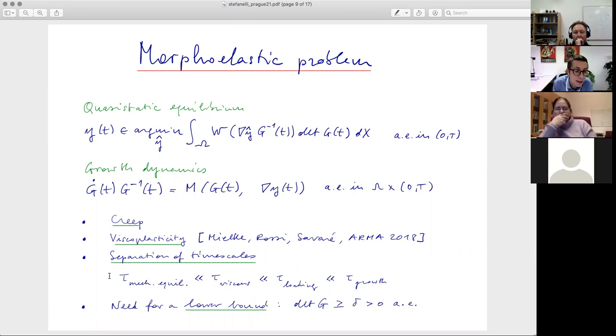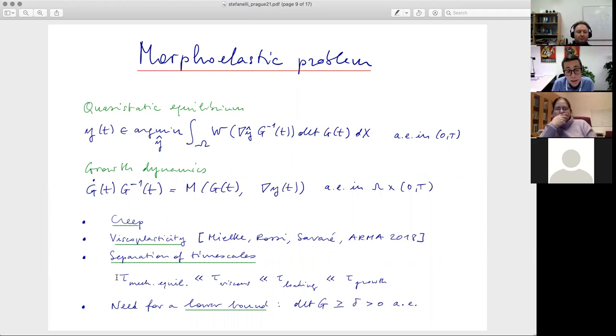The fastest one is that of mechanical equilibration, the timescale at which bodies reach mechanical equilibrium, usually within a spectrum of hundreds of seconds. So you can think of banging your carrot on the desk and you hear a sound. This means that the equilibration happens in fractions of seconds.